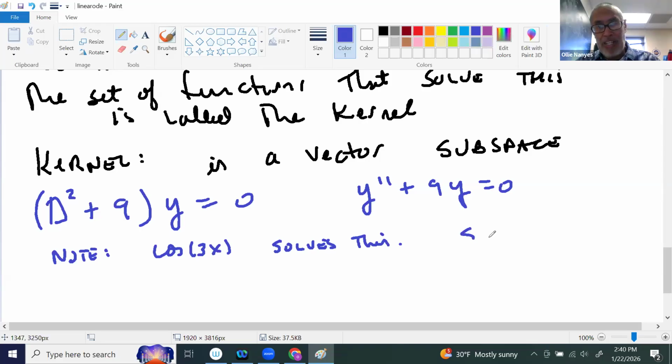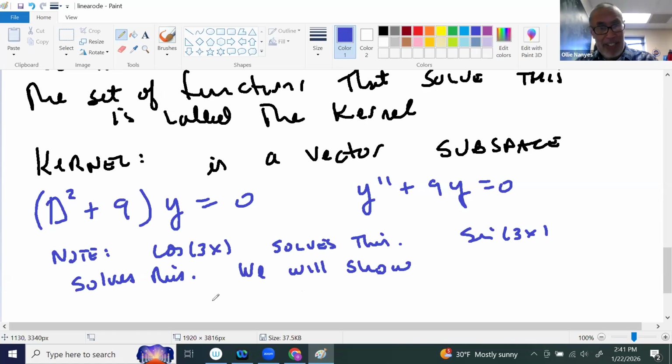And we also know that sine of 3x solves this. Now, we haven't proven to you yet, but we will show, that cosine of 3x and sine of 3x are linearly independent.